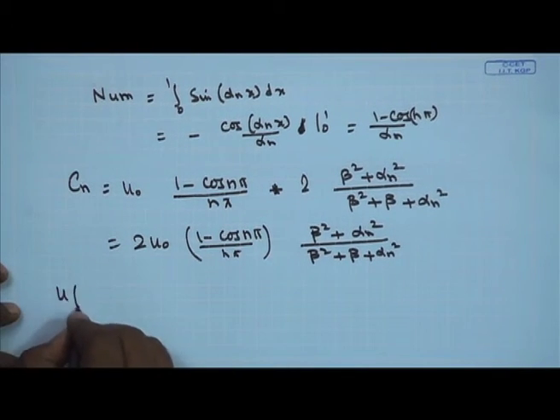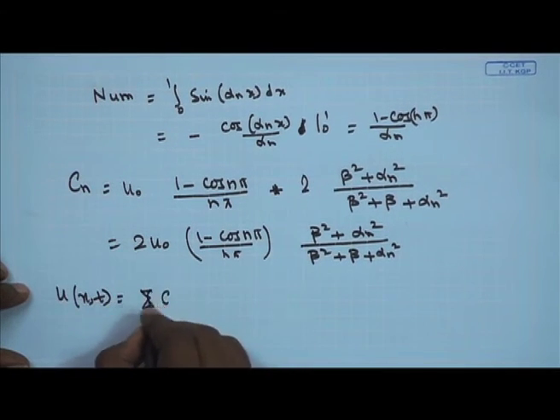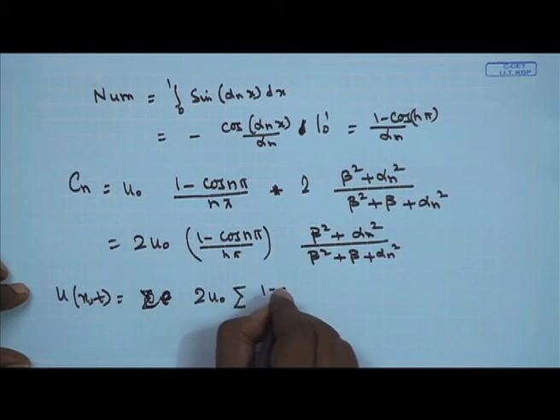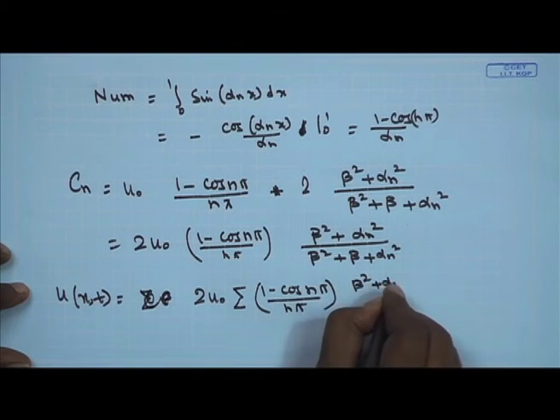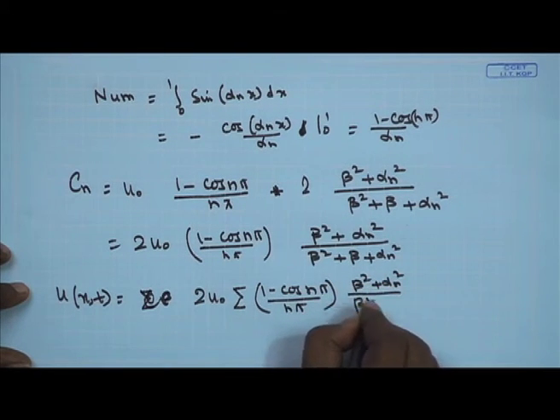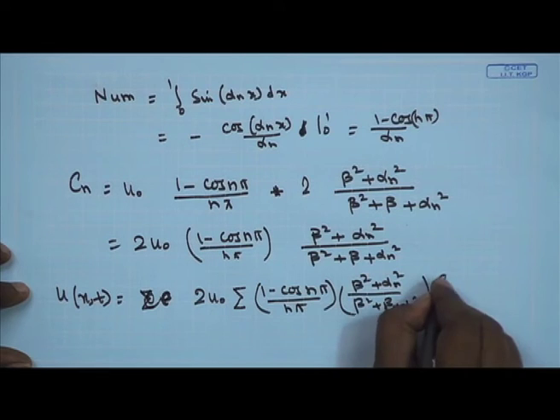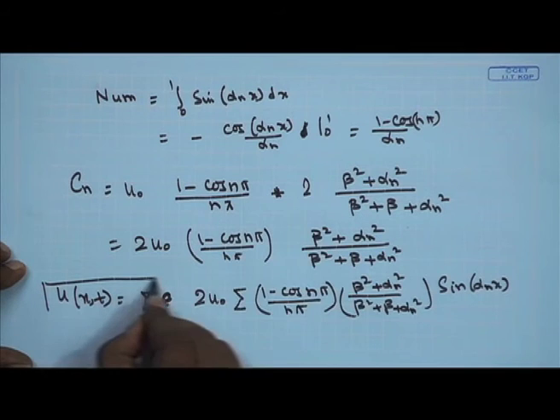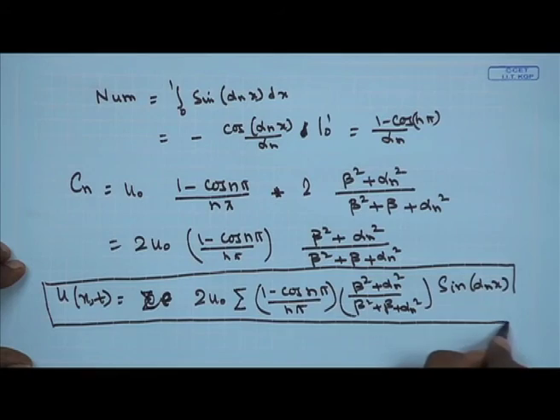U as a function of x and t is the summation of 2 u naught times 1 minus cosine n pi divided by n pi, times beta square plus alpha n square divided by beta square plus beta plus alpha n square, times sin alpha n x.